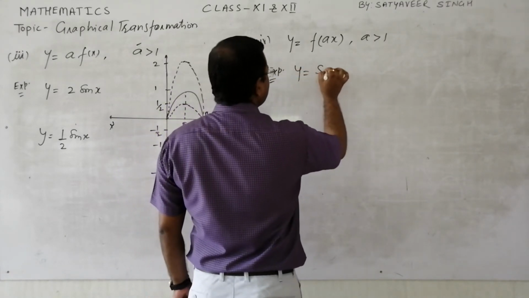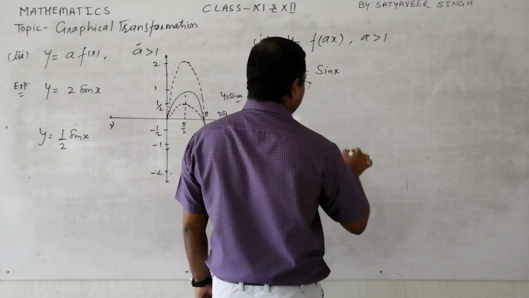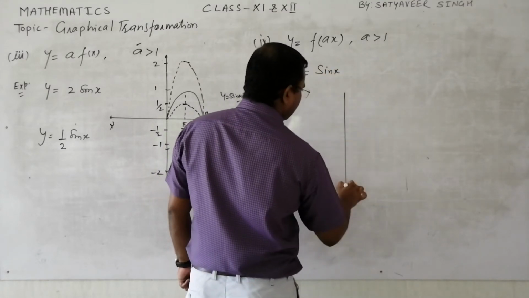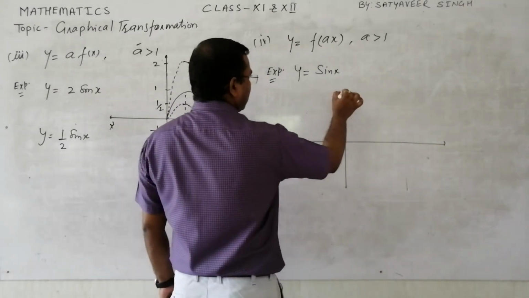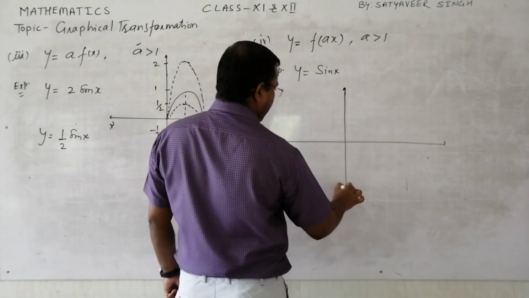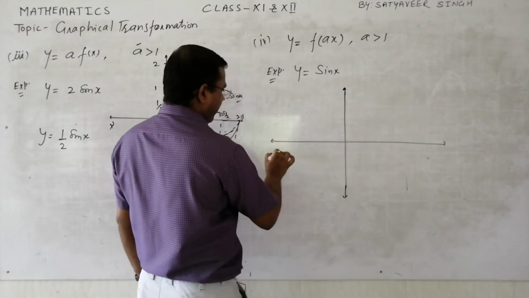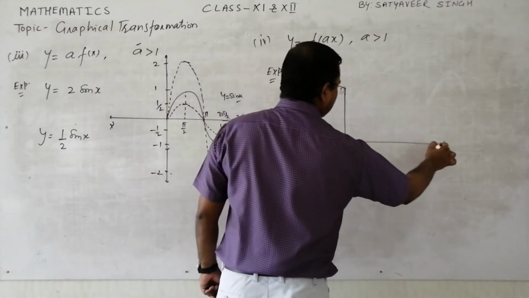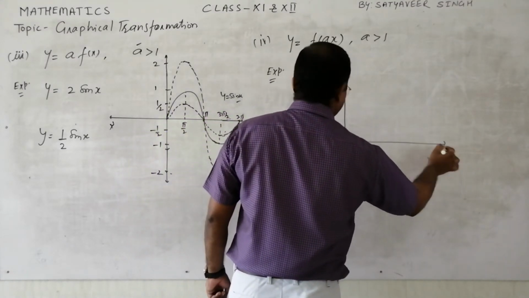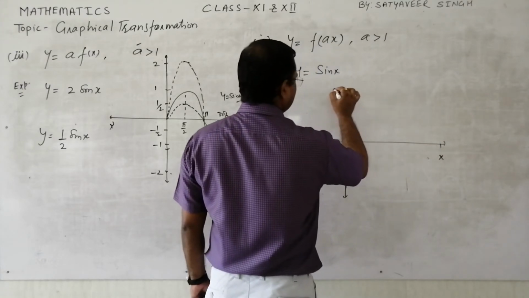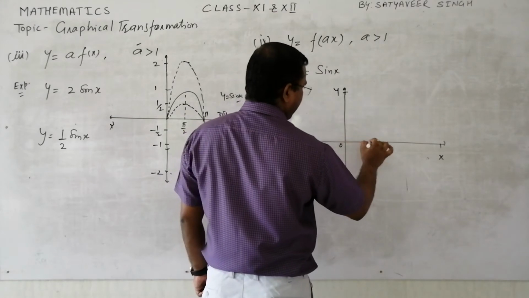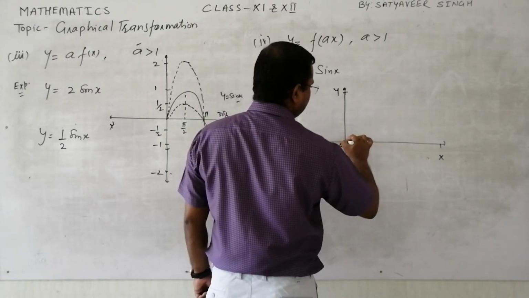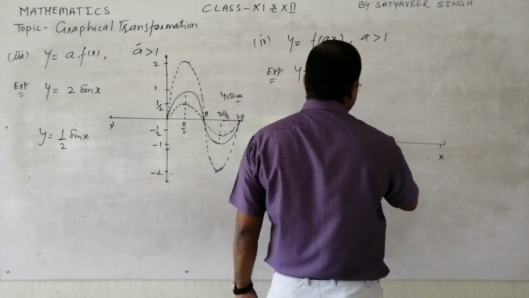Maybe it is y is equal to sin x. Everyone is familiar with this. So see student, if I draw the graph of y is equal to sin x, you can understand this very familiar graph which everybody knows.